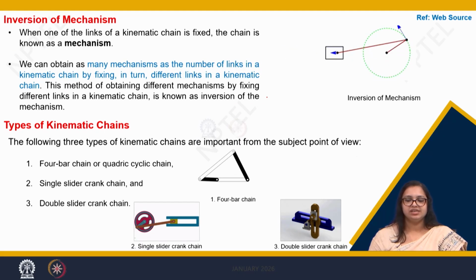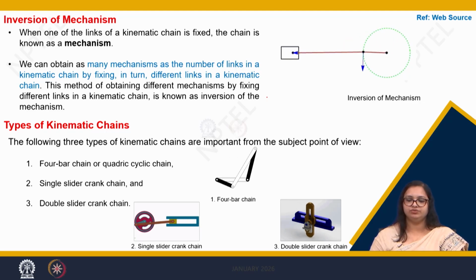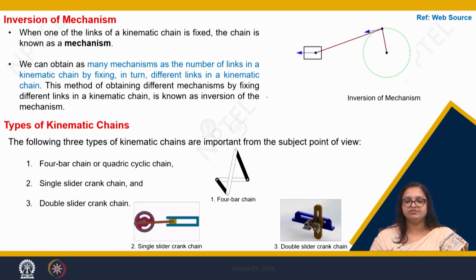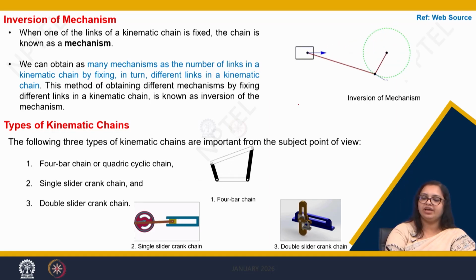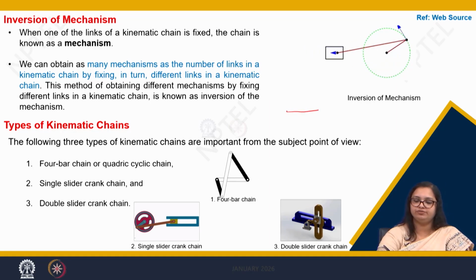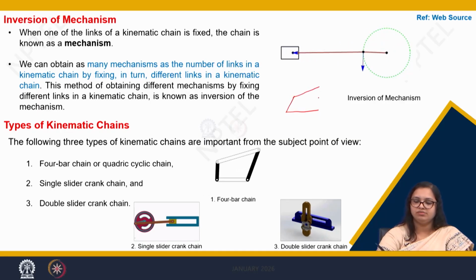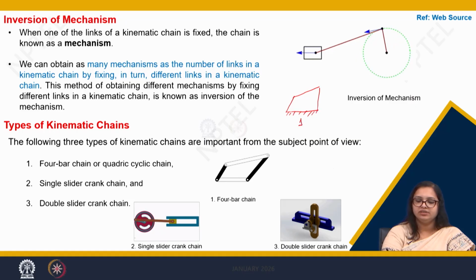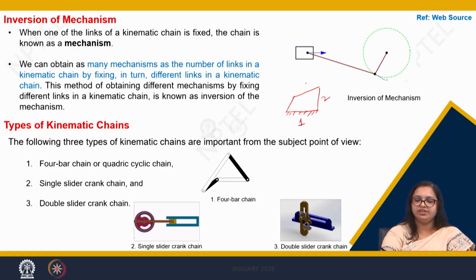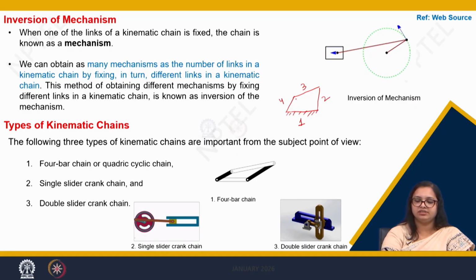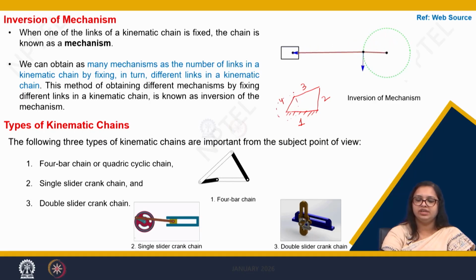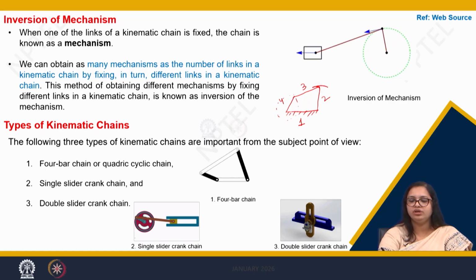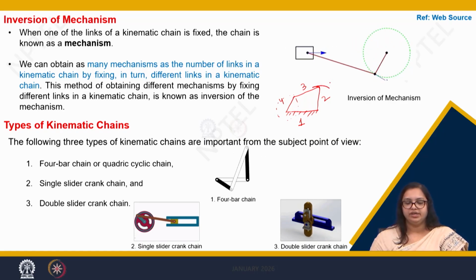Now there is another term which we call the inversion of a mechanism. So what is the inversion of a mechanism? We have understood about a 4-bar mechanism where we have fixed link 1 and then given certain kind of motion to link 4 so that link 2 would follow it.